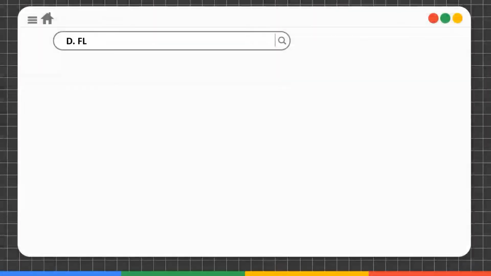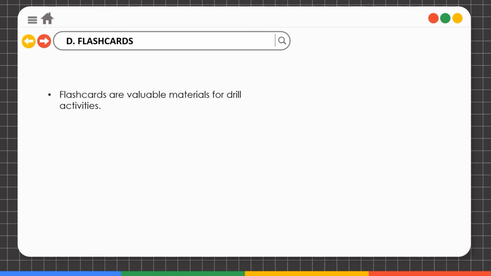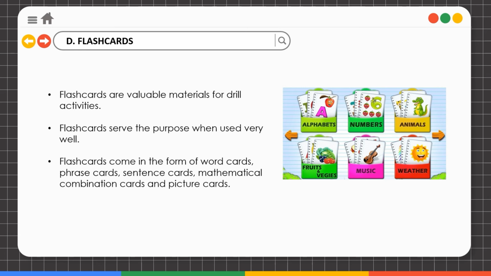The fourth type of pictorial media is flashcards. So when we say flashcards, these are the cards containing a small amount of information. So this is one of the classic study tools, and for good reason. Flashcards promote studying through active recall, which is one of the practices through which our brain learn most effectively.